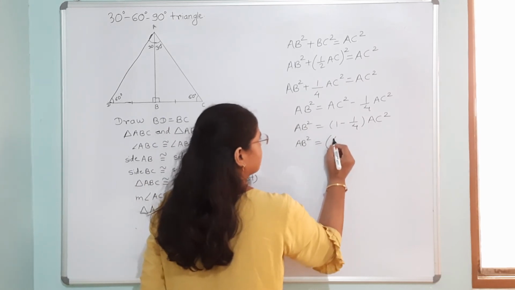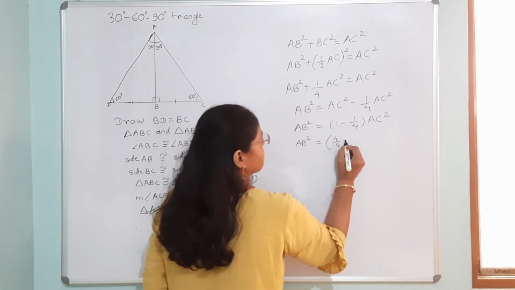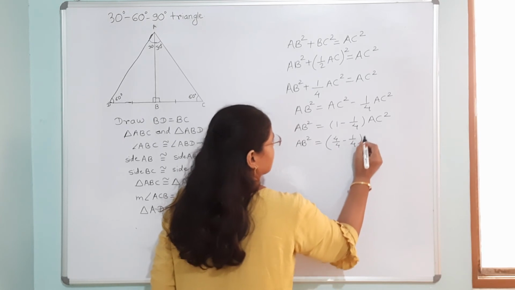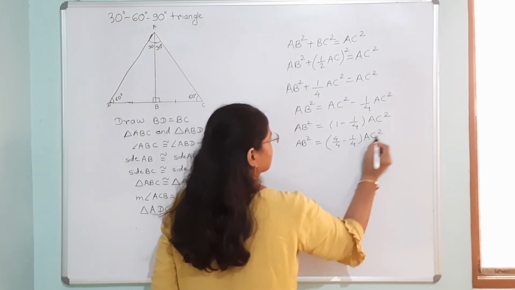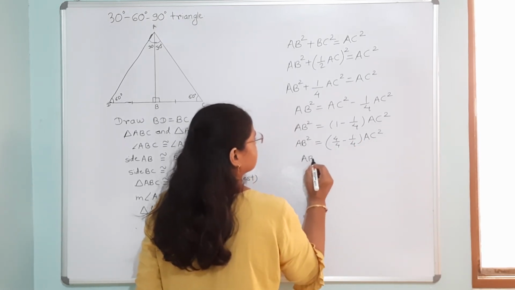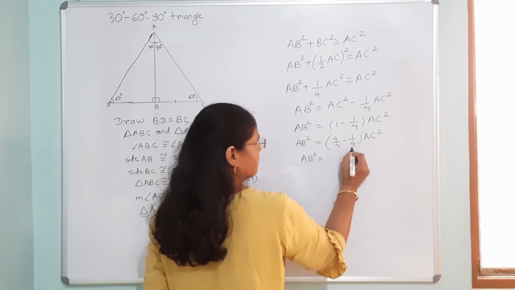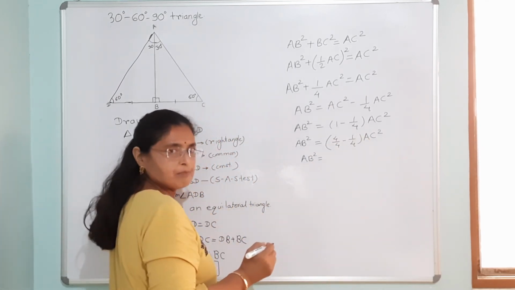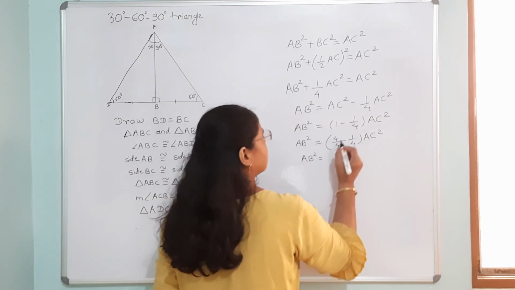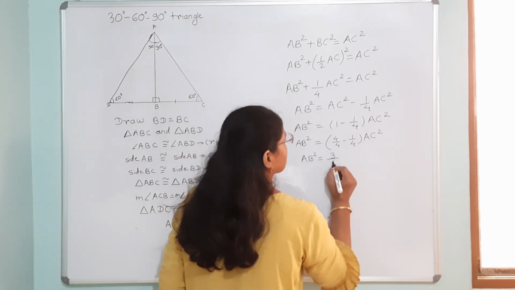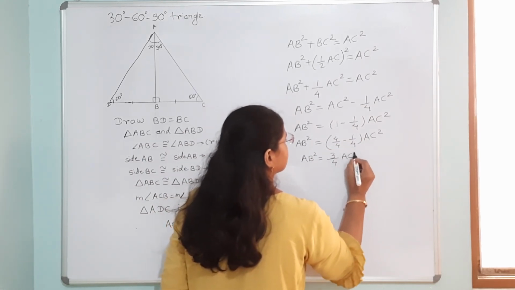That means 1 we can write as 4 upon 4 minus 1 upon 4, times AC square. Therefore, AB square equal to, as the denominator is the same, we can directly subtract the numerators. 4 minus 1 becomes 3 upon 4 into AC square.